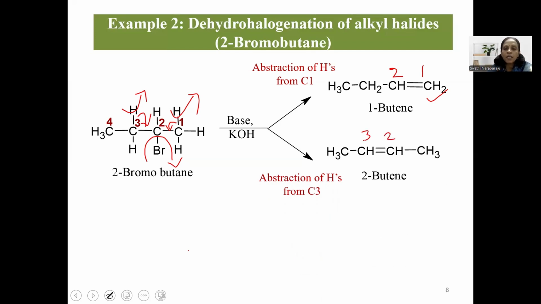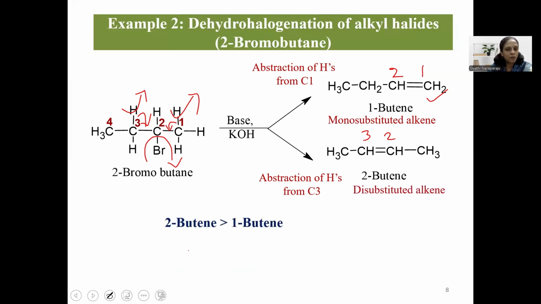So in that case, we get 2-butene as the product. Now again here also, whether 1-butene is formed or 2-butene is formed as the major product, that is decided based on the Saytzeff rule. Again, 1-butene belongs to the class of monosubstituted alkene and 2-butene is an example for disubstituted alkene. As per Saytzeff rule, highly substituted alkene is the preferred product. So that is why 2-butene will be formed as major product in this dehydrohalogenation of 2-bromobutane.